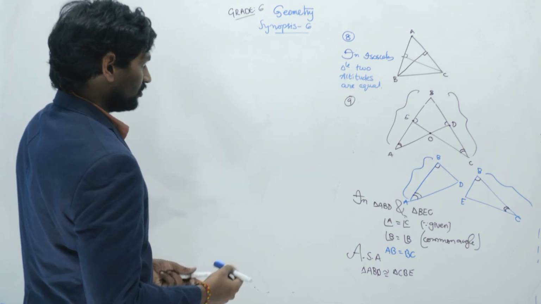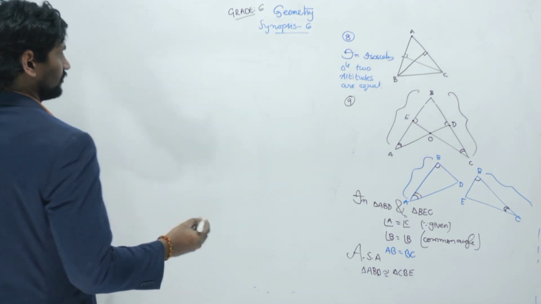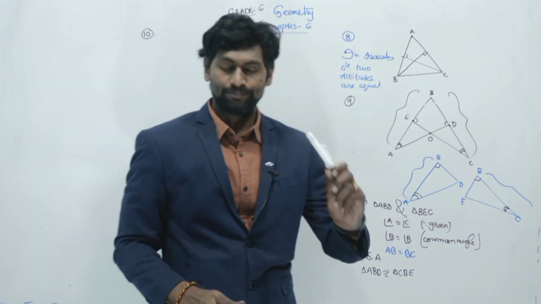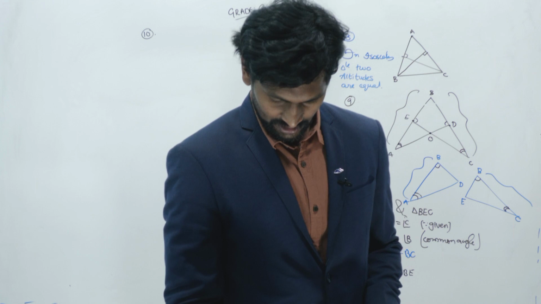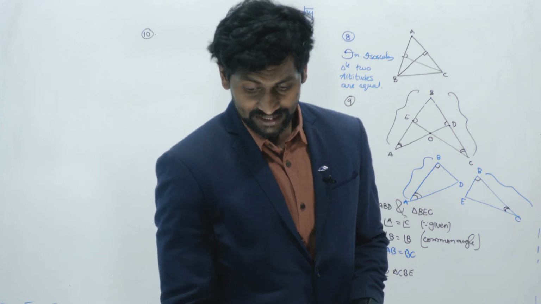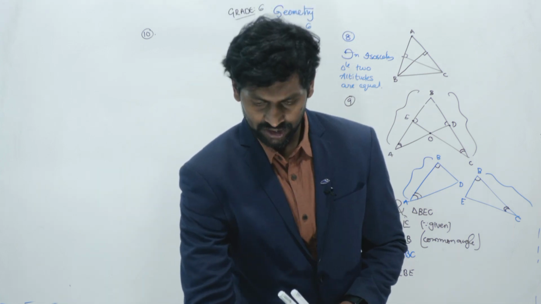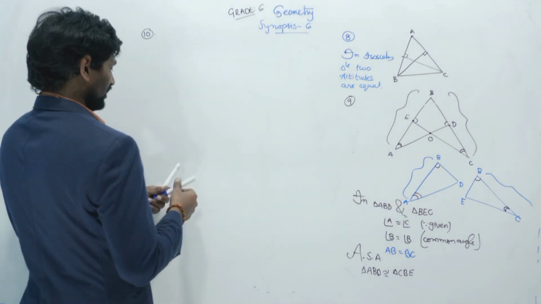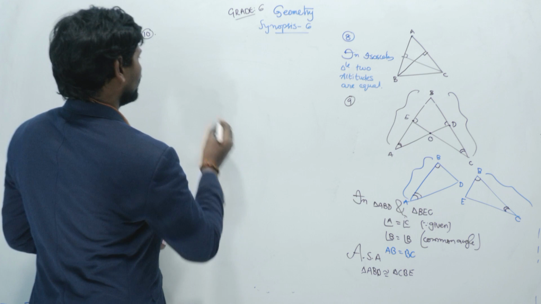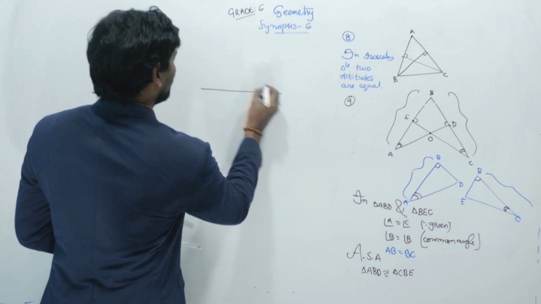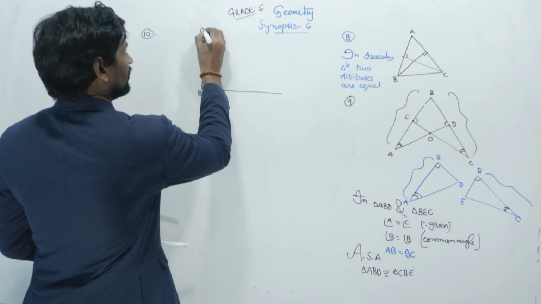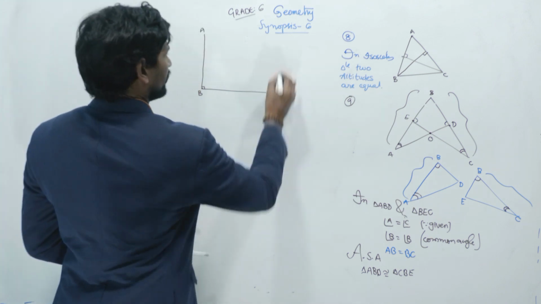Okay. Now problem number 10. Right. The 10th problem is given that in the given figure AB equals EF. So let me take a diagram: AB, BE is a line segment, A to B is one perpendicular given, and F to E is one perpendicular.